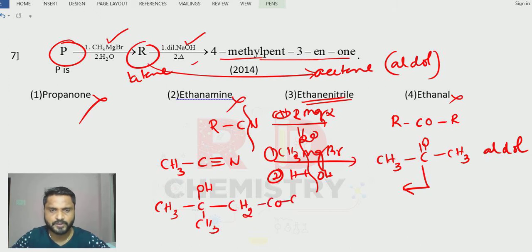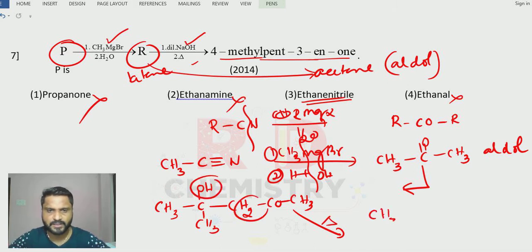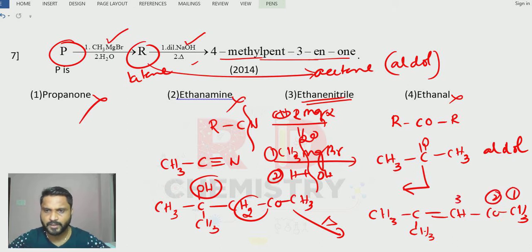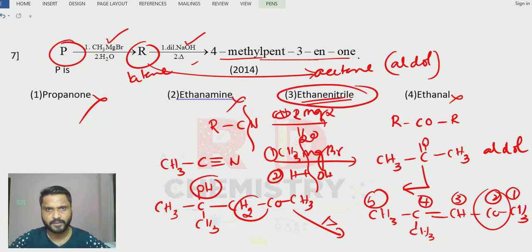This undergoes dehydration, removing a water molecule, to finally give (CH3)2C=CH-COCH3. Carbon number 1, 2, 3, 4, 5: pent-3-en, 4-methyl, and the keto group is on the second carbon. Therefore the answer is option number 3. It should be 2-one. Clear?